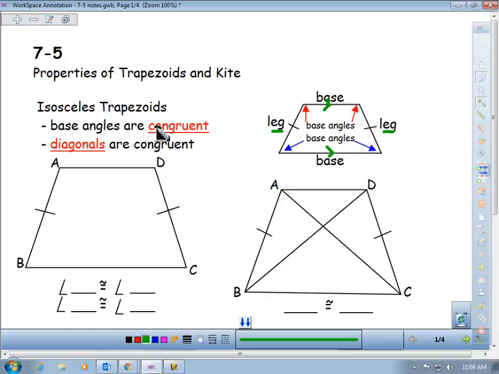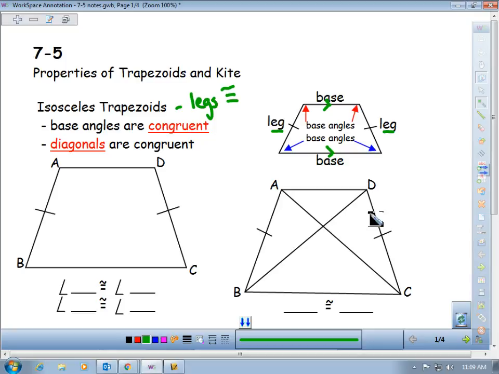Now, in an isosceles trapezoid, the legs are congruent. In a regular trapezoid, the legs are not congruent. That's the difference between a trapezoid and an isosceles trapezoid, whether the legs are congruent or not.